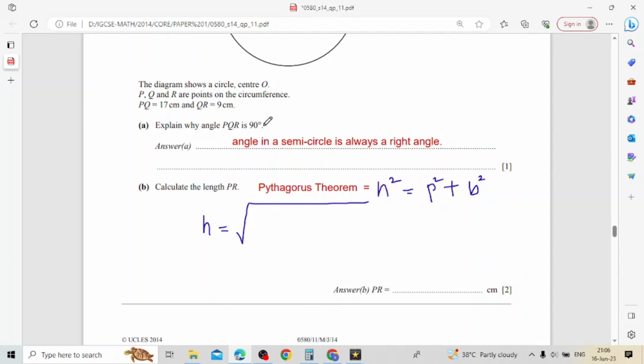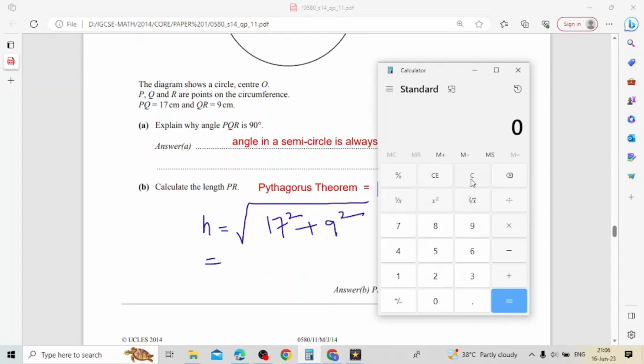So the perpendicular squared is nothing but 17 squared, plus the base squared, which is 9 centimeters squared. Okay, let's get it from the calculator. 17 times 17 is 289. Remember it, 289, and 9 times 9 is 81.